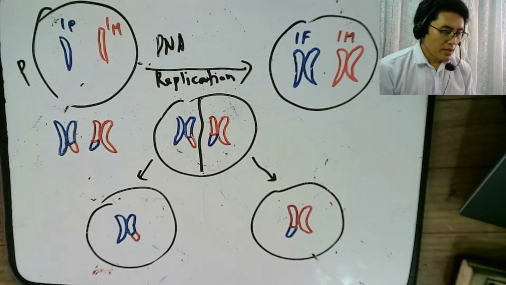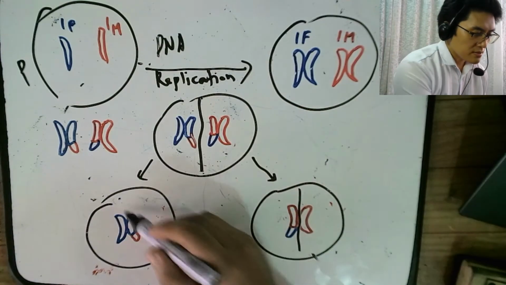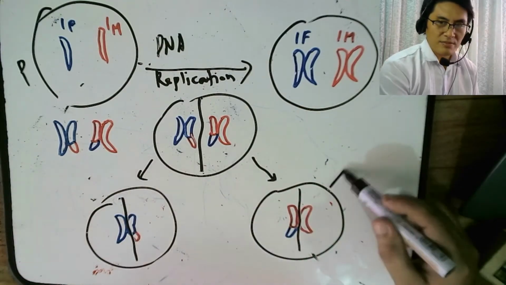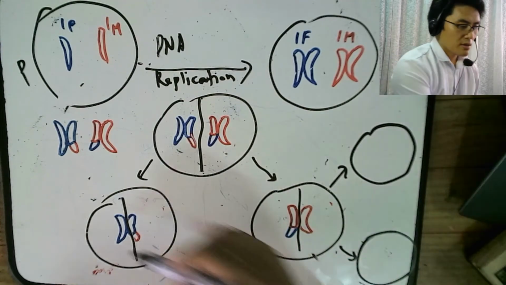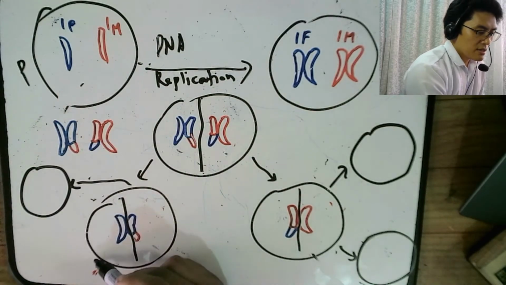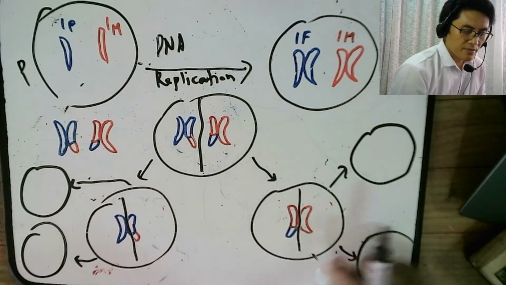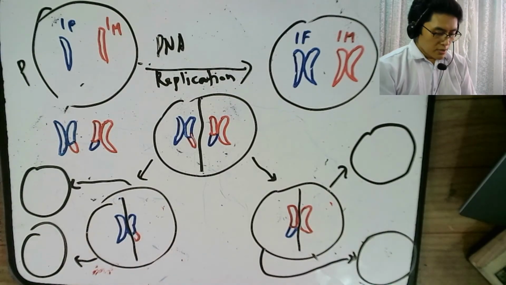That's meiosis 1. In meiosis 2, this further divides. So this becomes this cell, this becomes that cell, and then this one becomes that cell, and this one becomes that cell. So let me fix my arrow. So what does this mean?